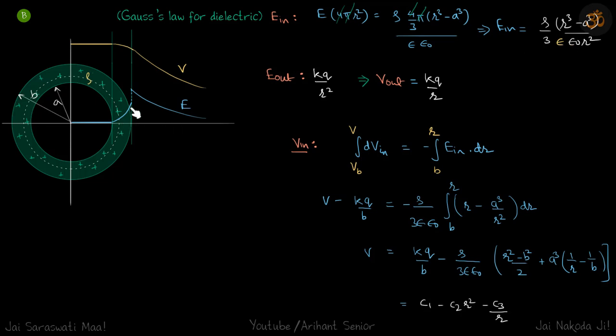So it's going to look something like this. Now on the surface, there will be a jump again because the field is going out of the dielectric. And the value of that will be E out, which is kq by b square. Now after that, at infinity it becomes 0.